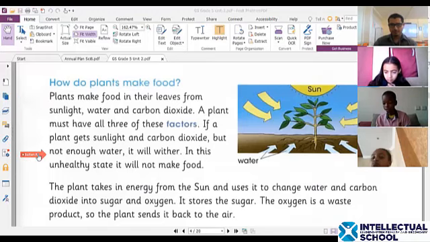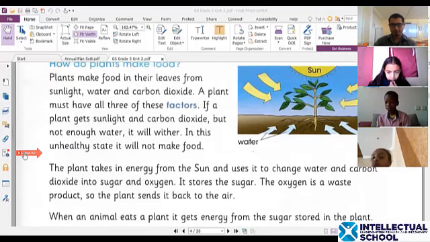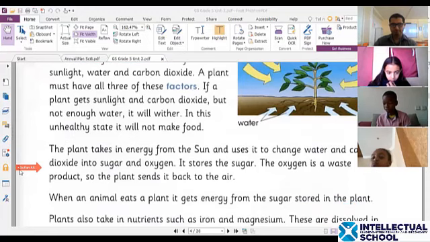In this unhealthy state, it will not make food. The plant takes in energy from the sun and uses it to change water and carbon dioxide into sugar and oxygen. It stores the sugar. The oxygen is a waste product, so the plant sends it back to the air.